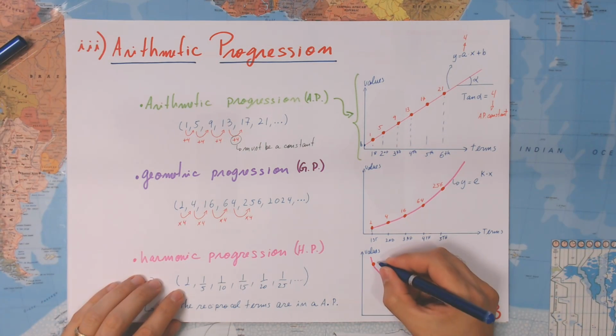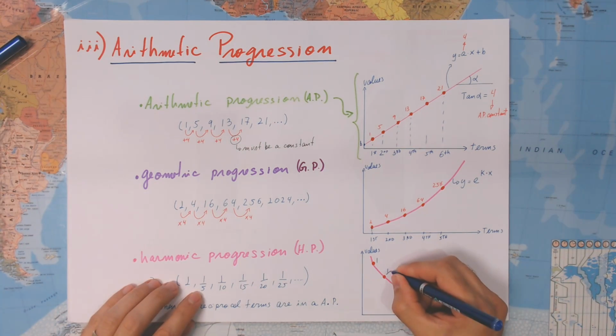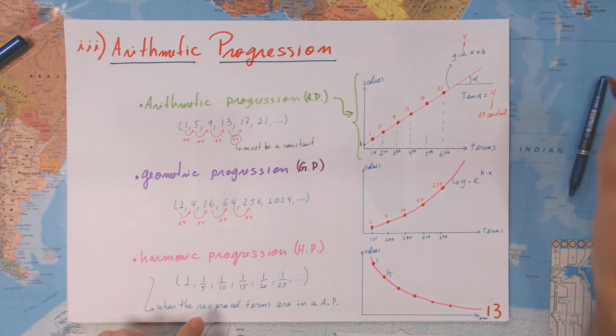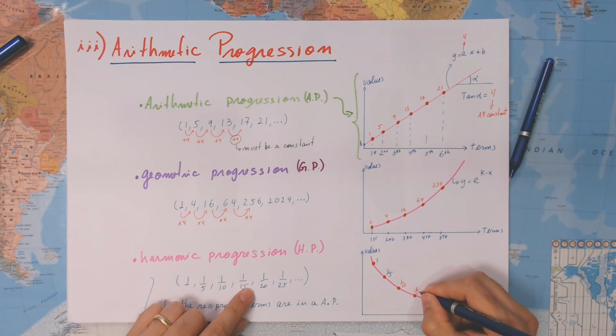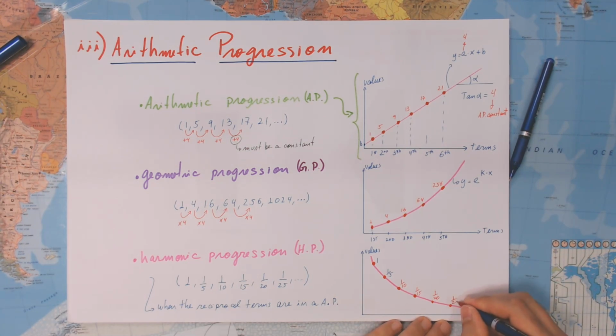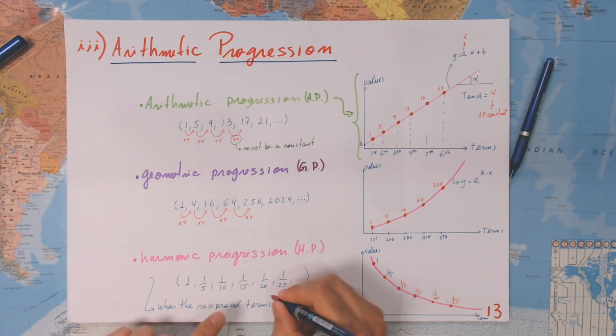This would be number 1. This is 1/5. Oh, it should be red, right? 1/10, 1/15, 1/20, 1/25.